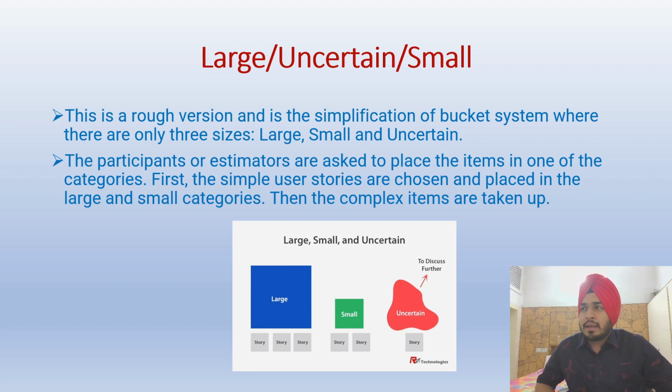If we feel that for a user story we cannot determine what method can be used to solve it, we give it the label uncertain, which can be discussed further and evaluated, and we can evaluate the story points at a later stage.